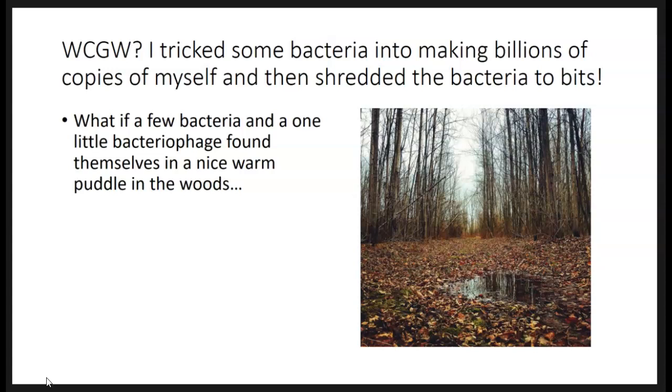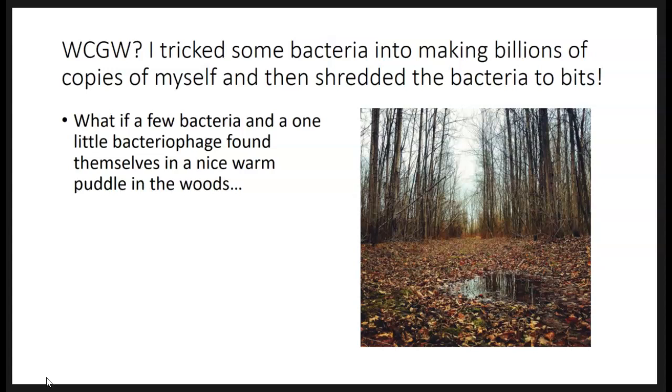And then those thousands of new phages infected the other 99 bacteria in that pool. And they all produced thousands of new phages and killed all those bacteria. But now there aren't any more bacteria left in the pool.